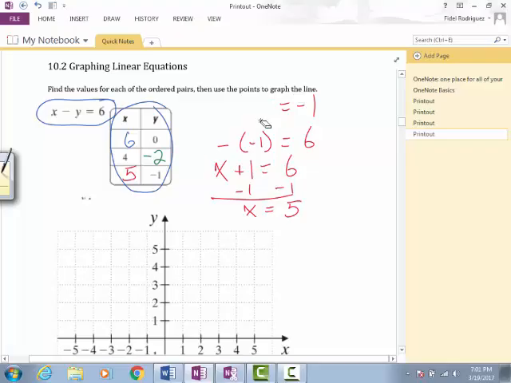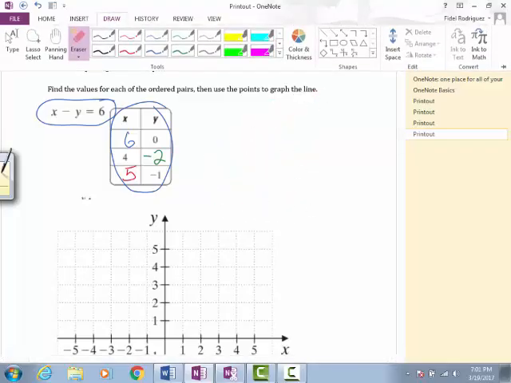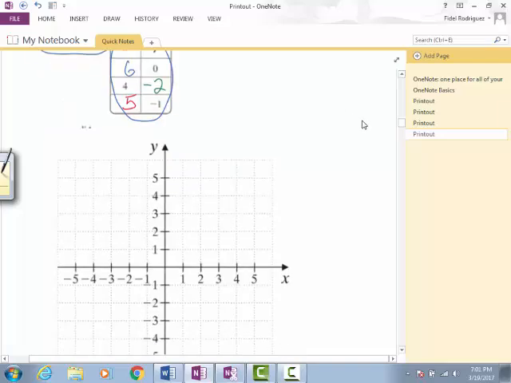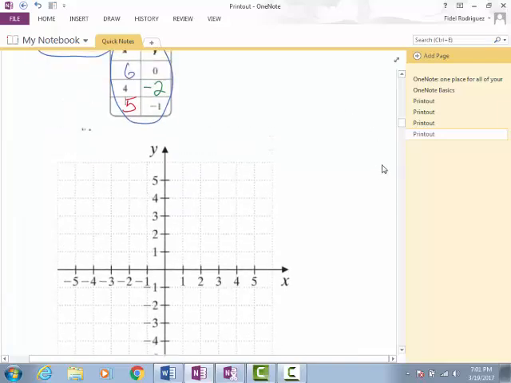So now that we have that, all I want to do is draw my line and connect my dots. So I'm going to scroll down a little bit here. Okay, so my first point is 6, 0. So that'll be this point right here.